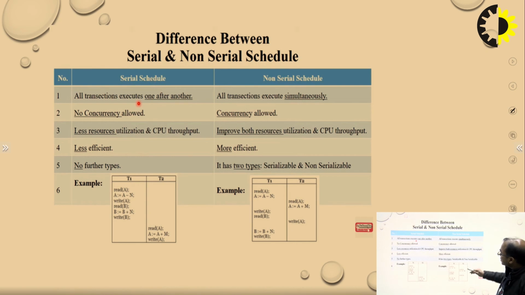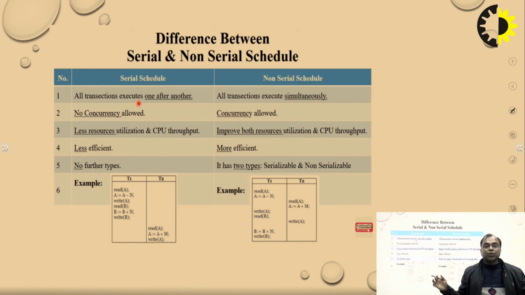In a non-serial schedule there is no waiting time. If one transaction is waiting, another transaction starts some work. That's why it improves resource utilization. They utilize the full CPU time, so it gives an improved throughput of the CPU.